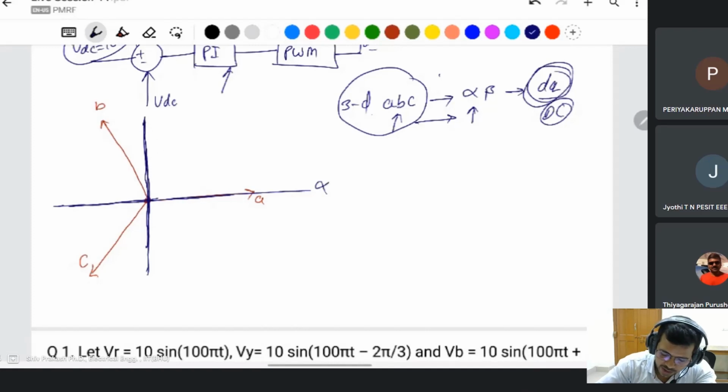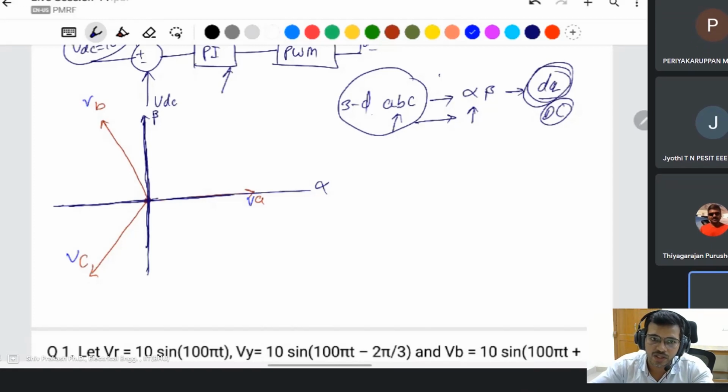This is alpha, this is beta. If you talk about the voltage, the same thing: this is the VA voltage, VB voltage, VC voltage. In place of voltage, you can use the current also: IA, IB, IC. This is the alpha angle. Then this is the V alpha, and this is the V beta.